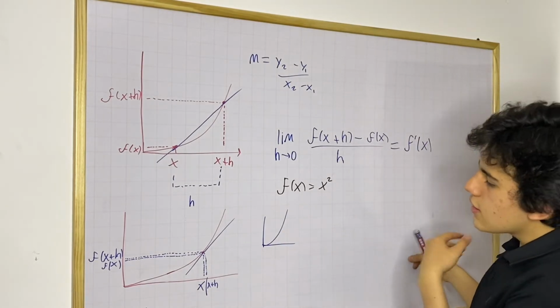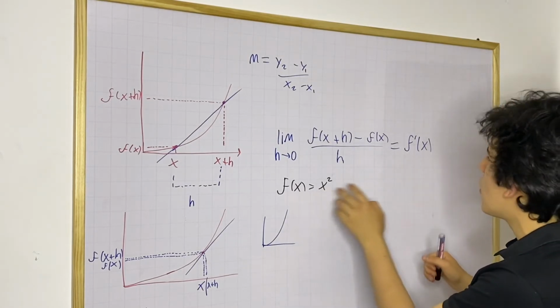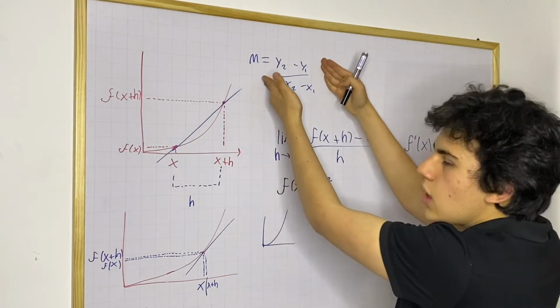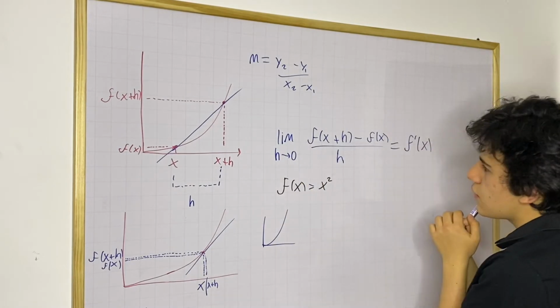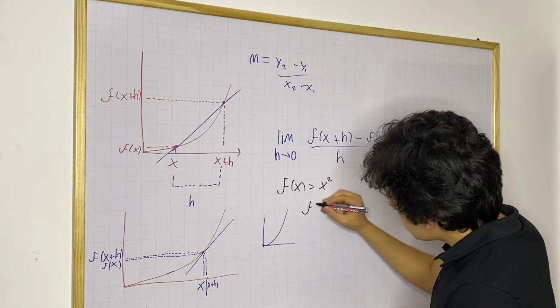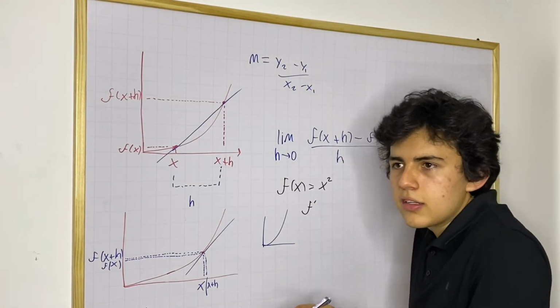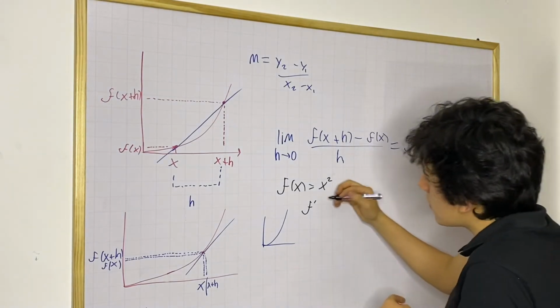In this case, we want to find an expression, f prime, that allows us to find this slope for every x point in the function. So we use this definition. The derivative of f of x is something that we derive from f of x, that's where the name comes from.